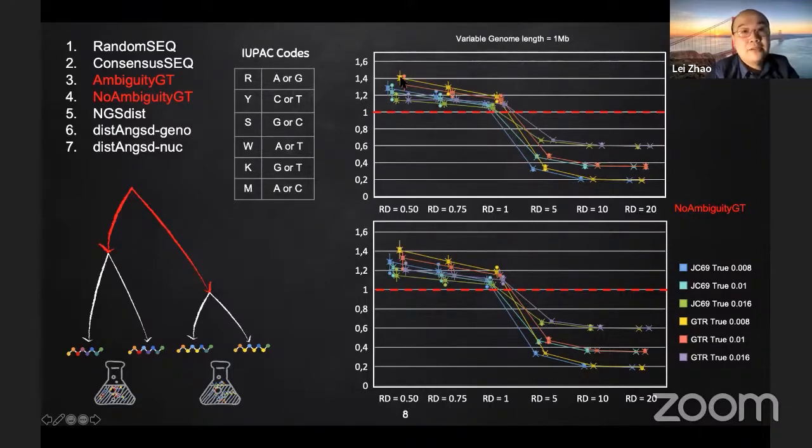This is because they cannot truly distinguish the base calling error and the evolutionary divergence. So our conclusion for ambiguity GT and no ambiguity GT is the bias is in both ways, and if the divergence of the chromosome is relatively large, we cannot trust that one to infer a reliable divergence time.